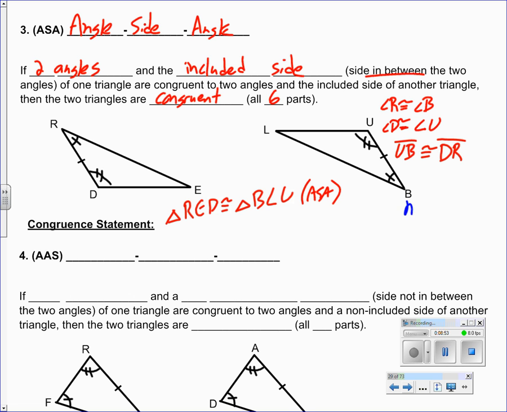Just like before, we now know the remaining three pieces of the triangle that we didn't check are also congruent because of this shortcut. So we know that angle E is going to be congruent to angle L. We know that side LU will be congruent to side ED.